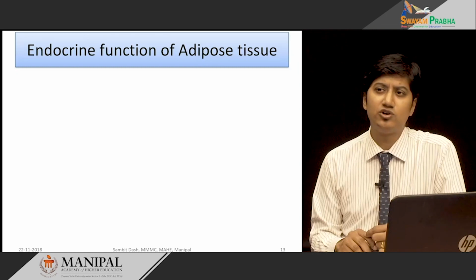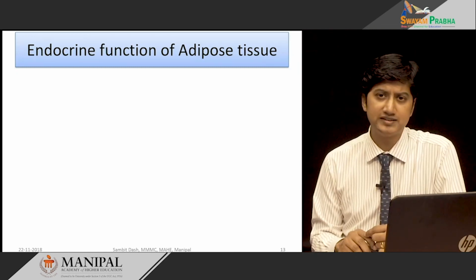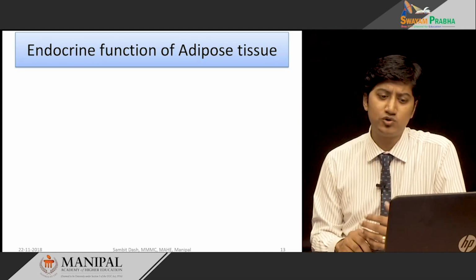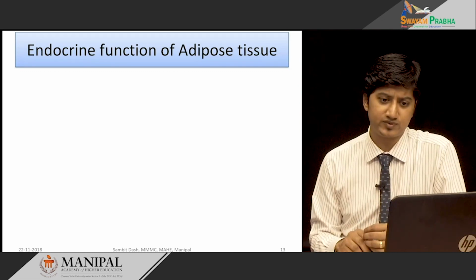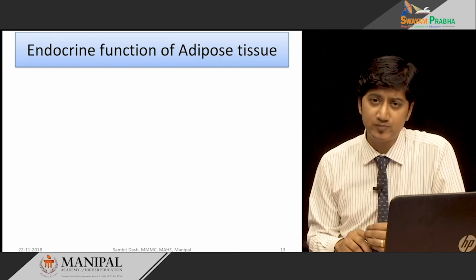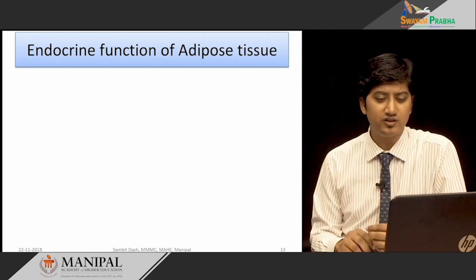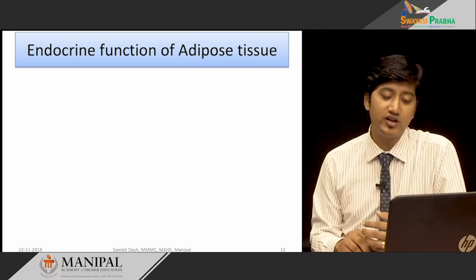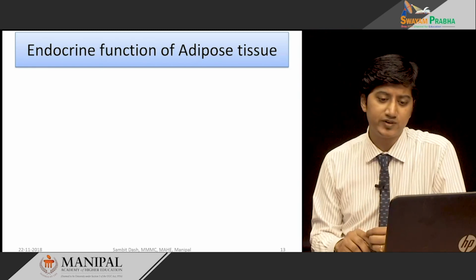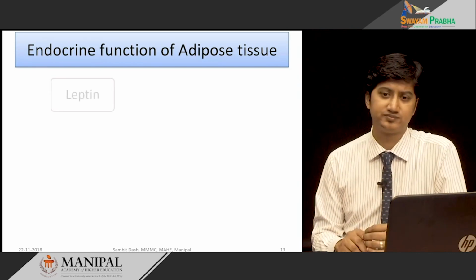A brief note on the endocrine function of adipose tissue is warranted in this topic. Adipose tissue secretes a host of small molecules that act like hormones. They can be called adipokines. Of these adipokines, we shall see the two important ones on which a lot of work is going on to address issues of obesity and associated disorders.